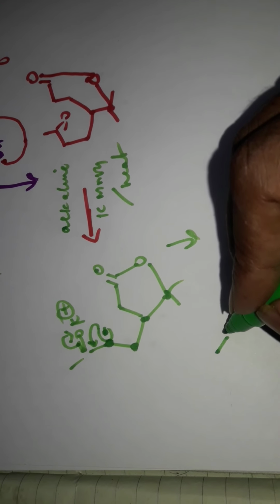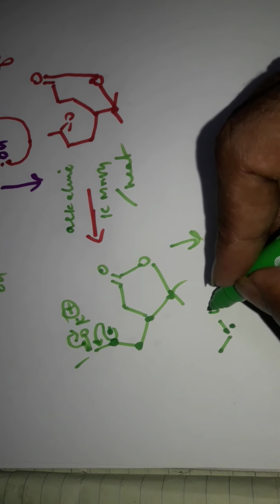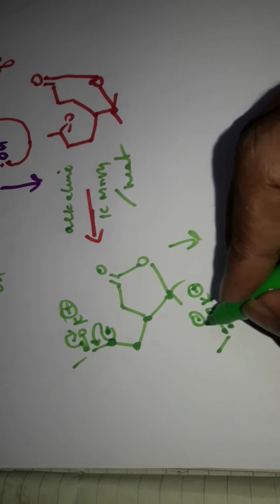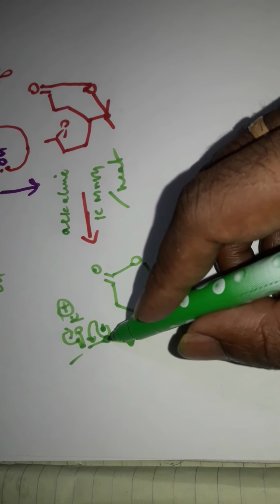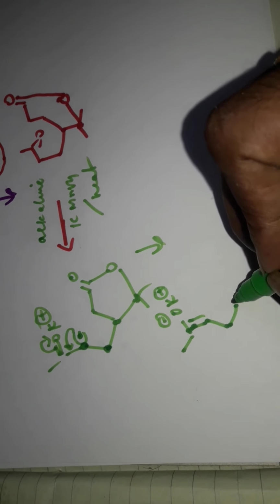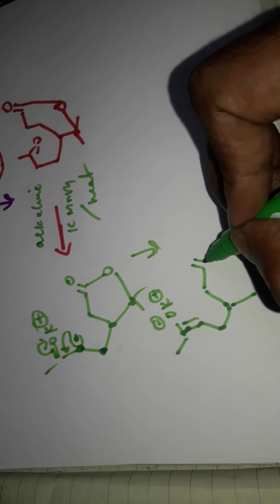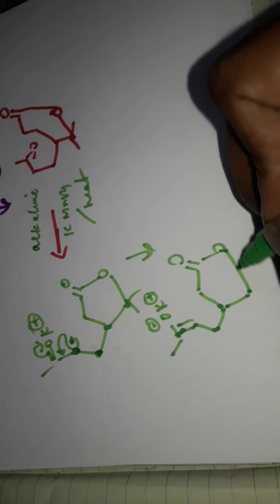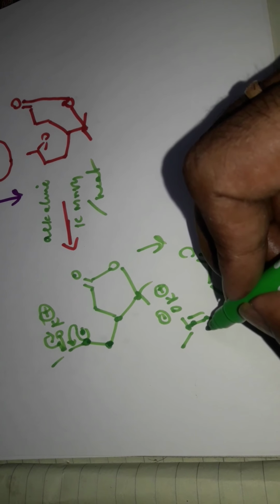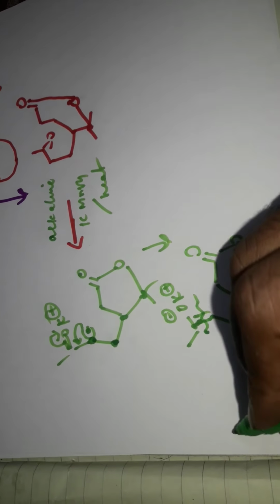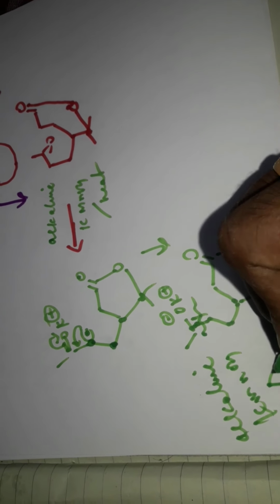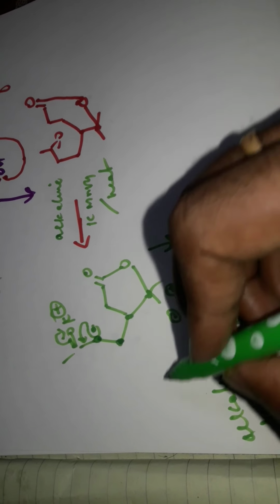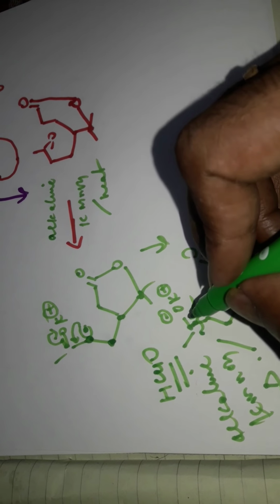Understand, the double bond is attached to the ring. So in the presence of alkaline KMnO4 and heat, it will be converted to an aldehyde and the other will form an acid.